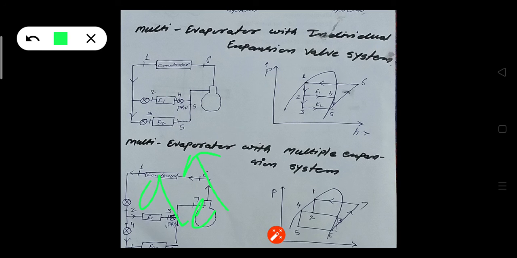Here the compression starts from the superheated zone, so the compressor work also increases. If both increase, we cannot say exactly what the effect on the COP is. It may increase or it may not, depending upon the application. That is the difference between the individual expansion valve system and the multiple expansion valve system.